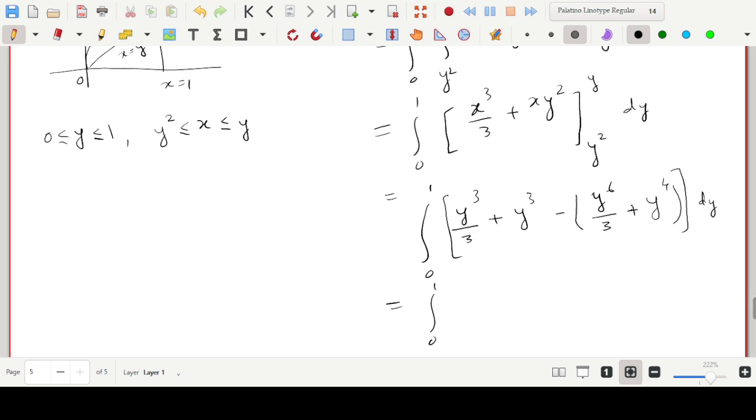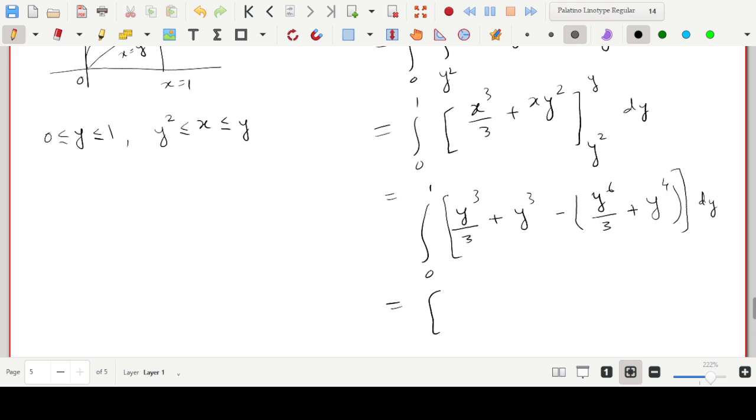Okay, so this is 4y cube over 3, this part. So we can just directly integrate 4y cube over 3 here.